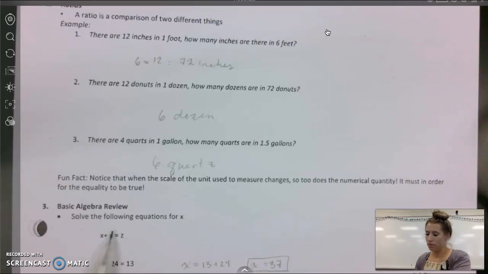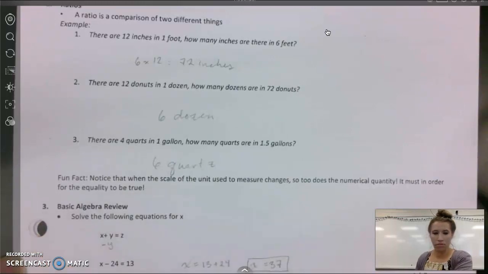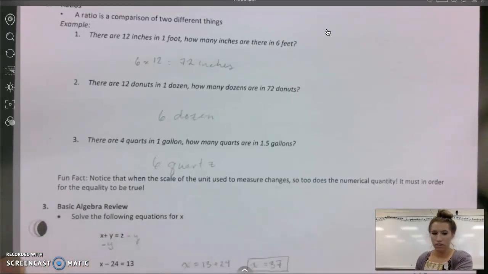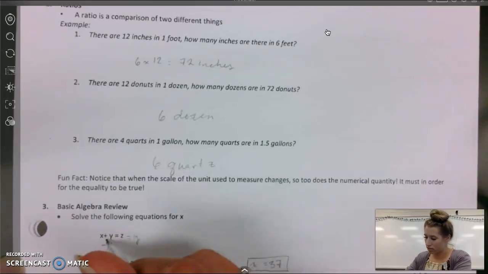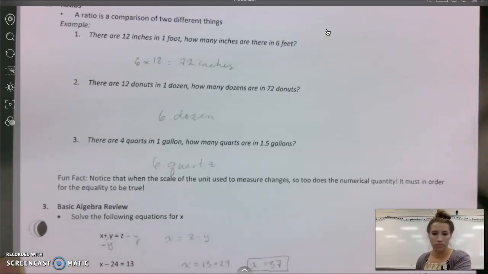So in this one, if I want to solve for x, and I have x plus y equals z, well I want to get x all by itself. So I'm going to subtract the value of y from both sides. Because here, a positive y minus y is going to equal 0, so those cancel. And we're left with x is equal to z minus y.